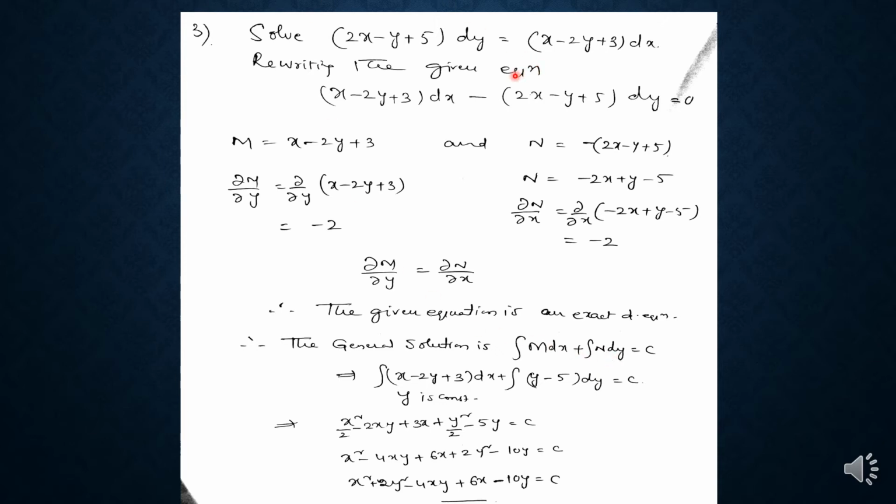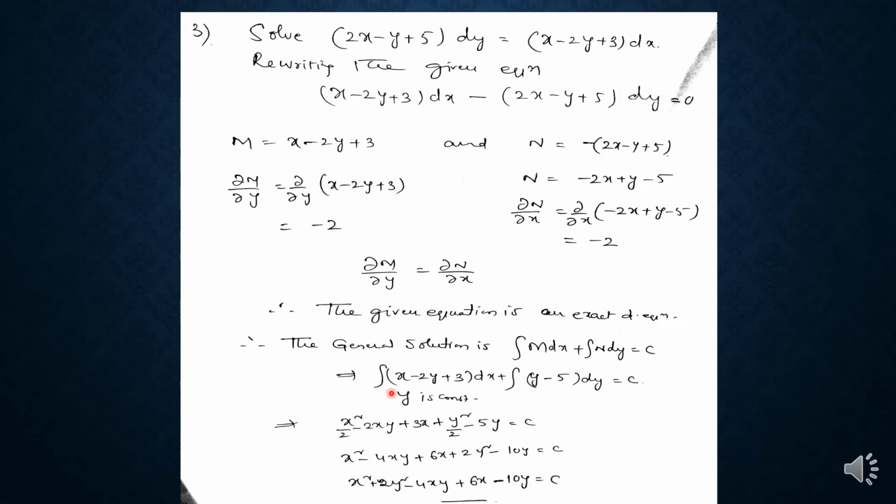So what is N here? Sorry, N is equal to minus 2x plus y minus 5. So eliminate this minus 2x, then y minus 5 will remain. So integral of (y minus 5) dy is equal to c.